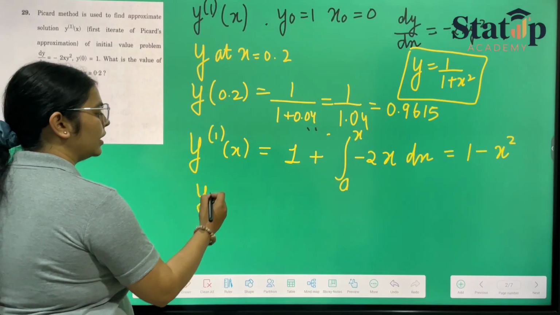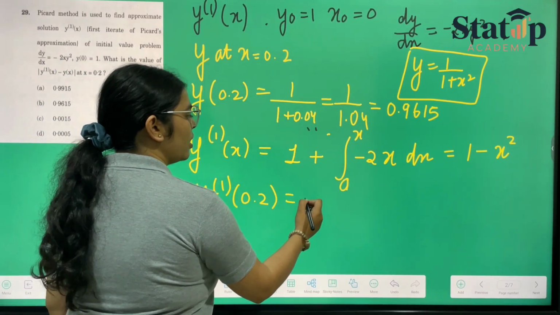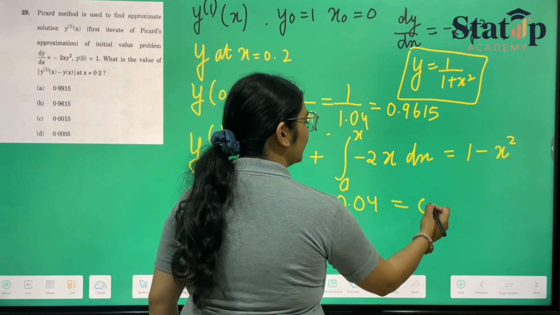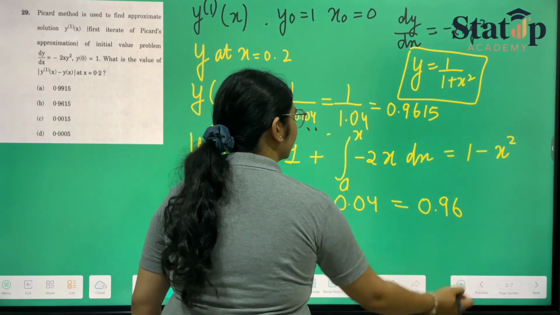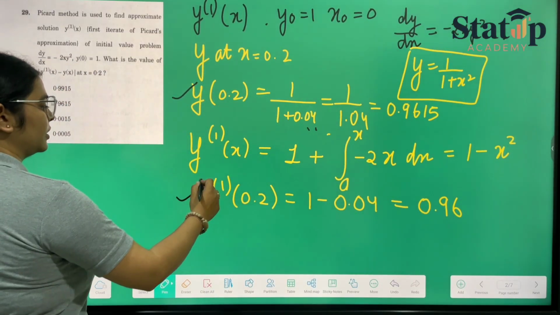If we have to calculate the Picard's method at x equals 0.2, it will be 1 minus 0.04, which is nothing but 0.96. Now we have to subtract these two terms, first this term from this term.